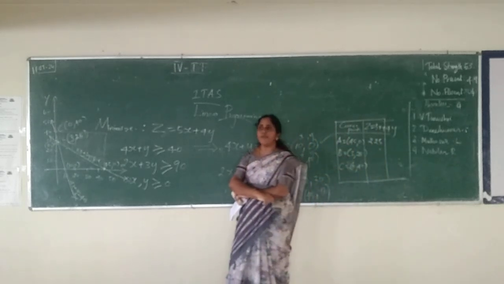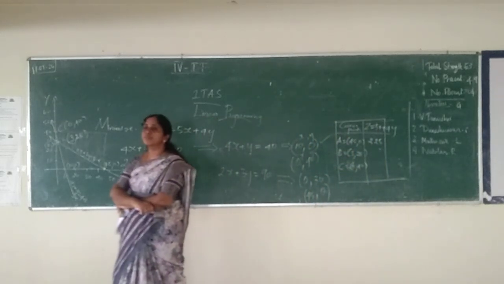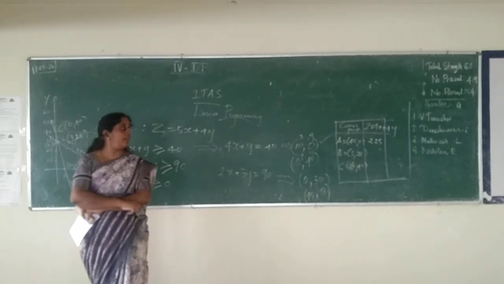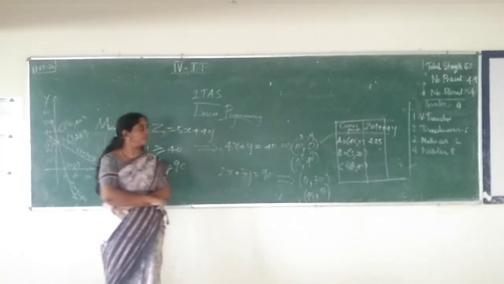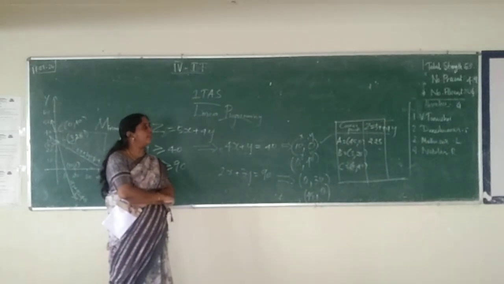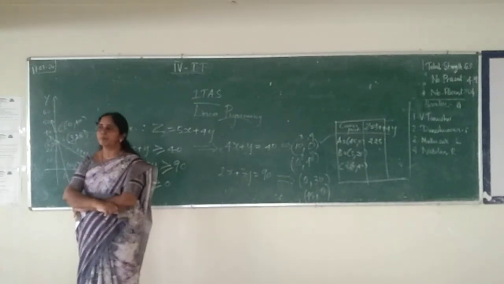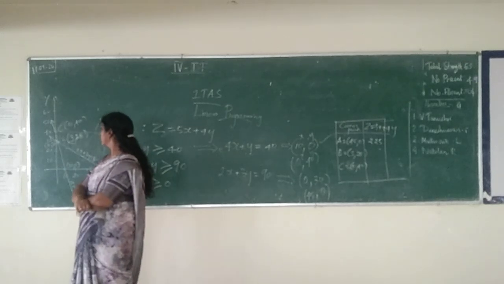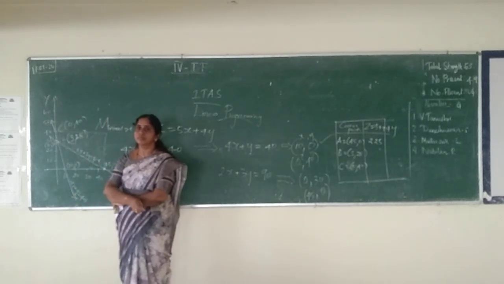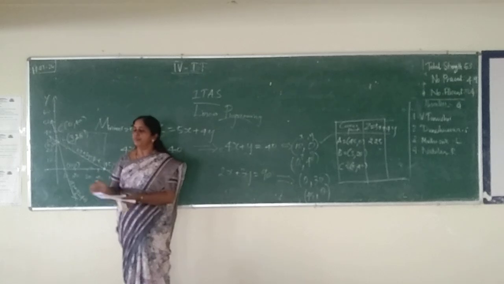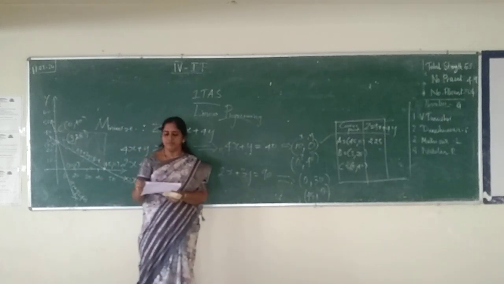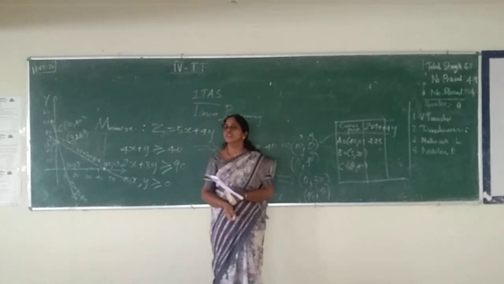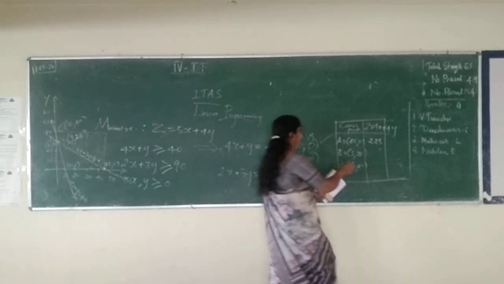Okay, next we have to find the z function when the x value is 3 and the y value is 28. What is the value? It is 127.